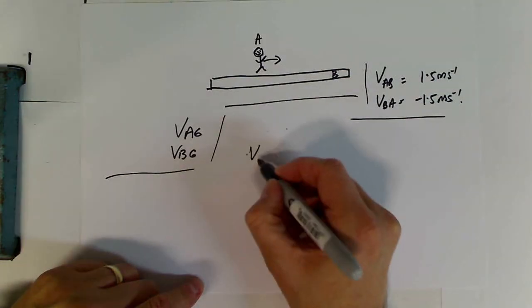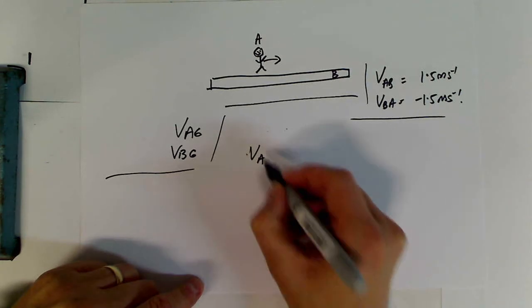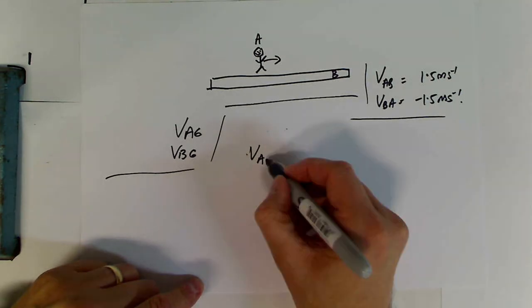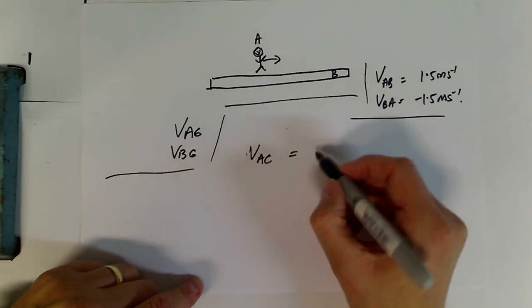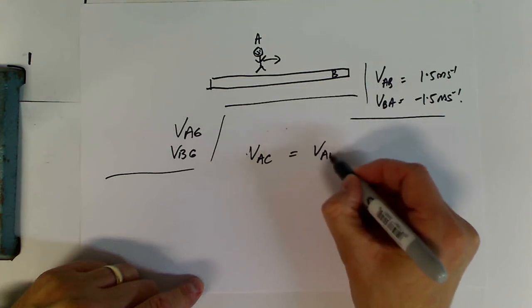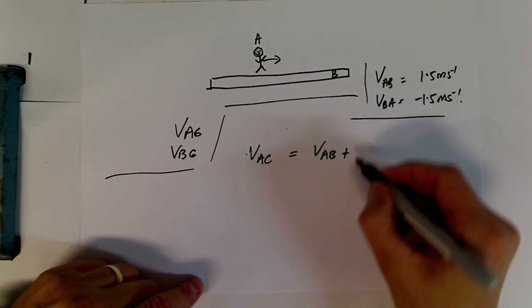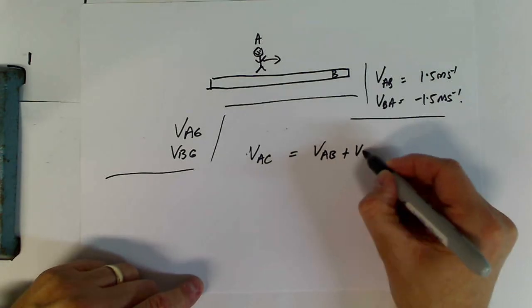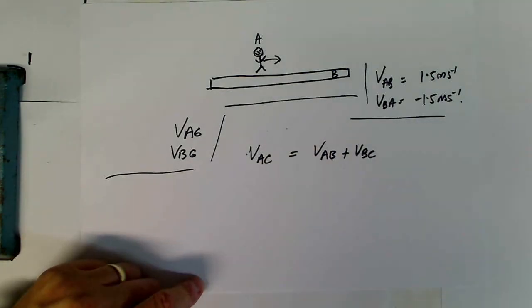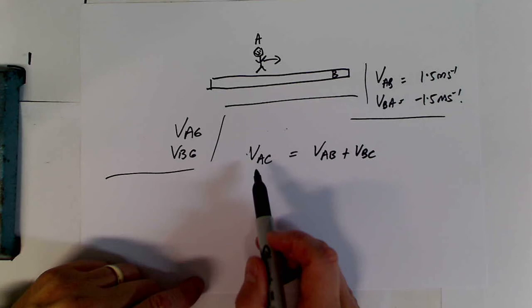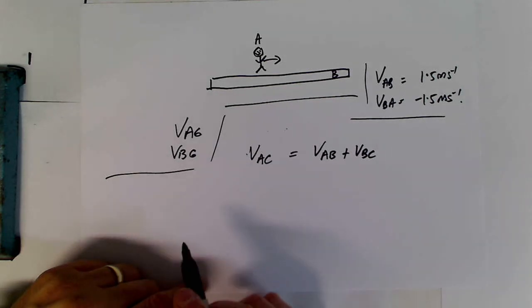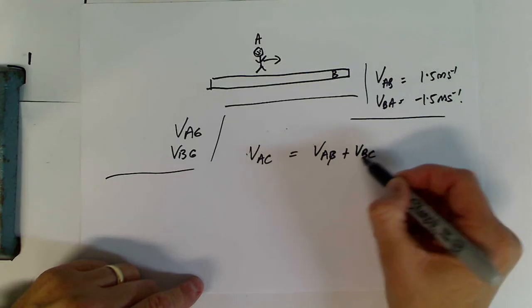If you want the velocity of A relative to C, and you've got VA relative to B, and you can find the velocity of B relative to C, then if you add VA relative to B plus VB relative to C, you will have the velocity of A relative to C. It's as if the little guys in the middle here can cancel out.